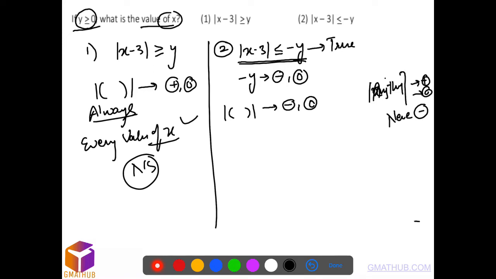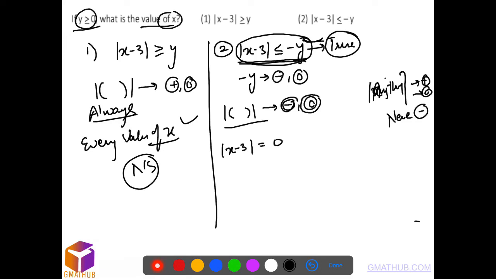For the statement to be true, mod is never negative. The only possibility is 0. So if this is true, the only possibility is mod is equal to 0, and that will happen only if x is equal to 3. This is sufficient.